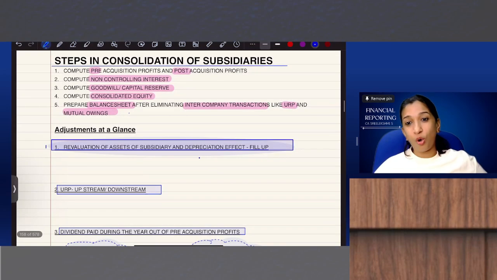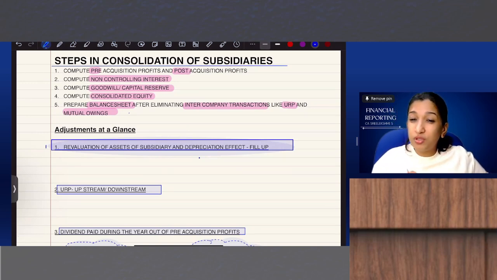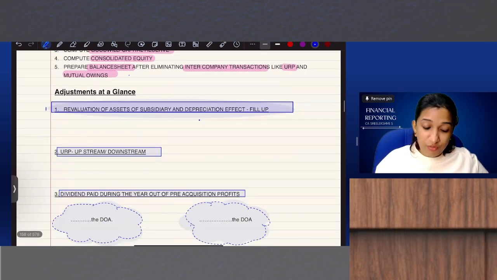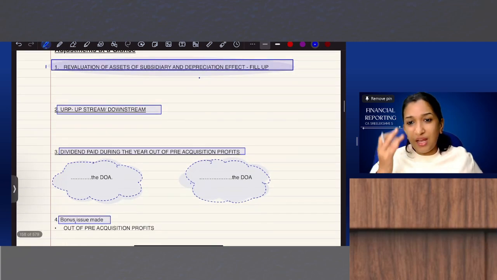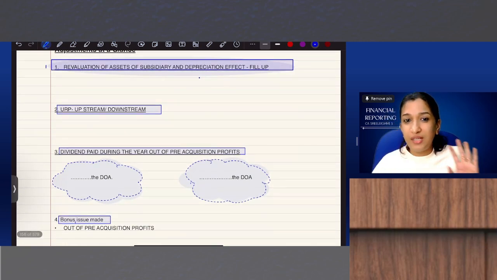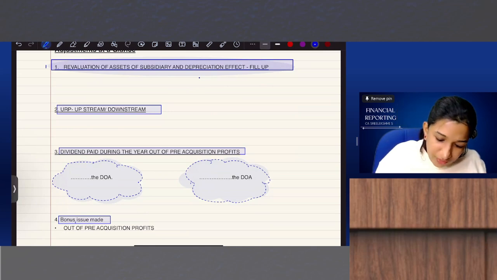So, what are the common adjustments? If you get a consolidation question, in most of the questions, if there is revaluation of assets of the subsidiary and depreciation effect, what are the treatments?